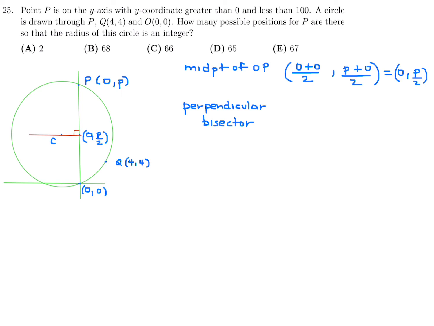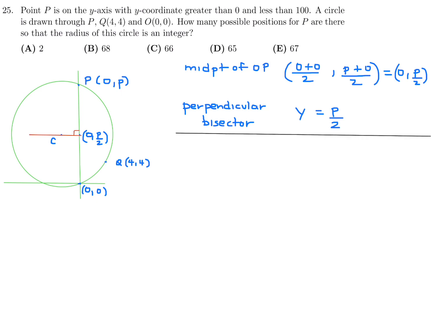And let's just draw in a right angle to show that it's perpendicular. Now that line that I just drew in red, it passed through C, and it obviously has the equation y is equal to p over 2. It's a horizontal line. X can be anything, but the y coordinate of that line will always be p over 2. All right? So that's basically just the first part of this question.